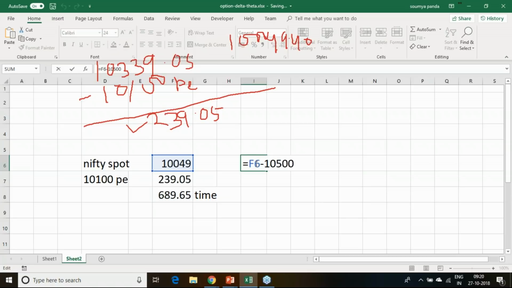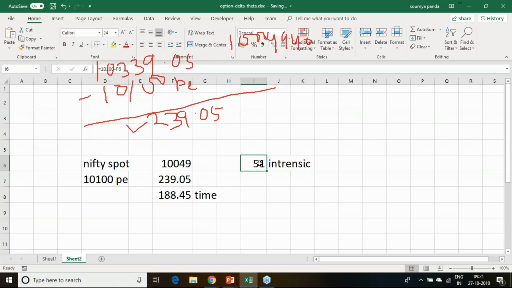Previously, for the call option, how did we calculate? We used to take the spot price or the underlying price minus strike. Here, things will be different. The strike has to come first, then the underlying price. So now, how much intrinsic does it have?